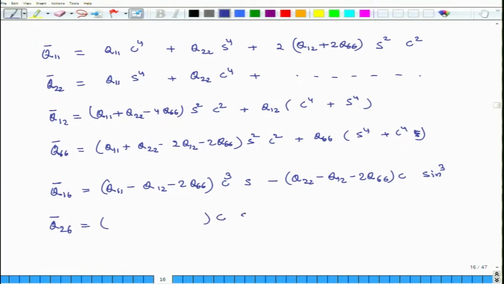So, it is cosine theta times sine cube theta, minus this entire thing times cosine cube theta times sine theta.